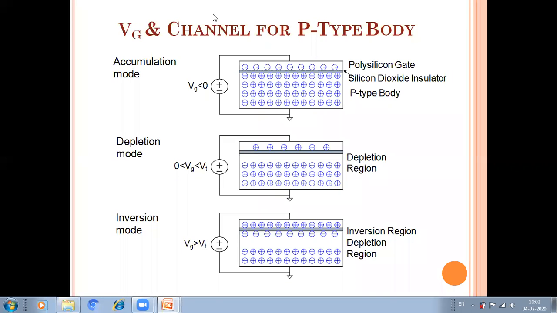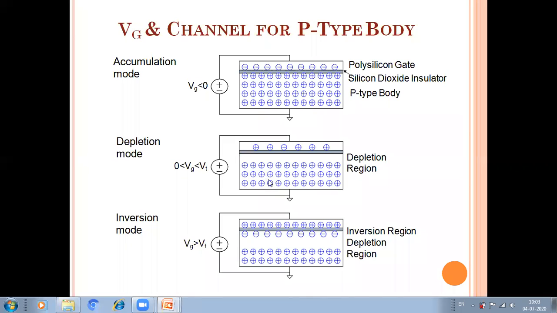Accumulation mode means the initial distribution of mobile positive holes in a p-type silicon substrate of an MOS structure for a voltage VGS. So this is termed the accumulation mode. In the depletion mode, you can observe the depletion region is formed when the gate voltage is between 0 and VT, that is, greater than 0 and less than the threshold voltage.